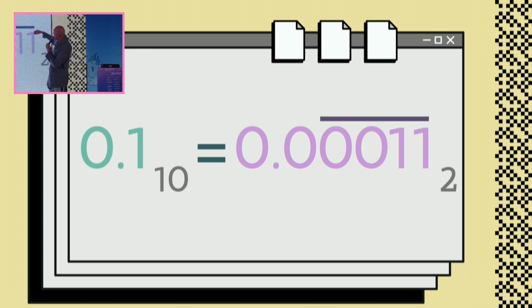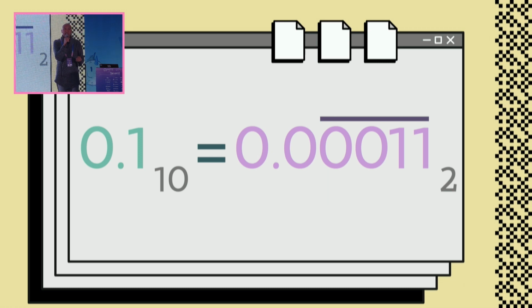That's what this bar across the 0011 means. It means that if you want to represent 0.1 decimal, the normal 0.1, in binary, you would have to have 0.0, 0011, 0011, 0011 to infinity.